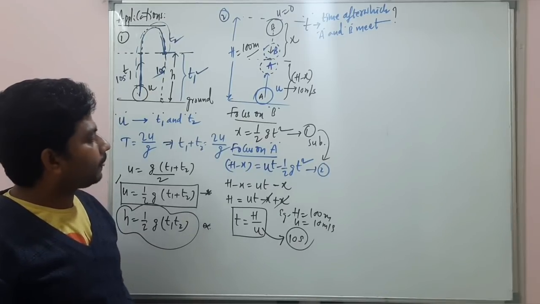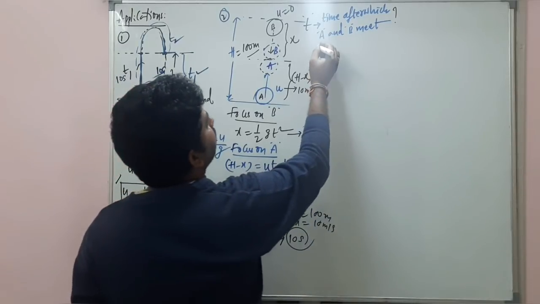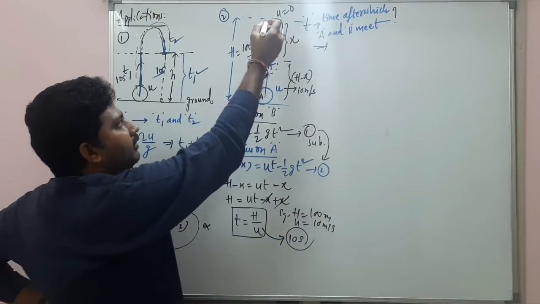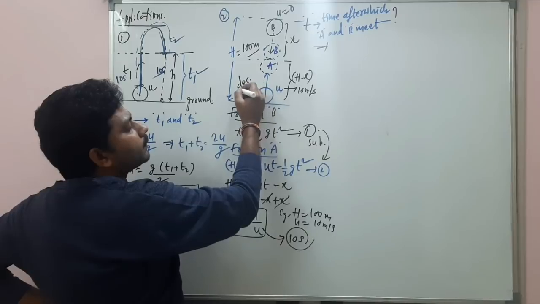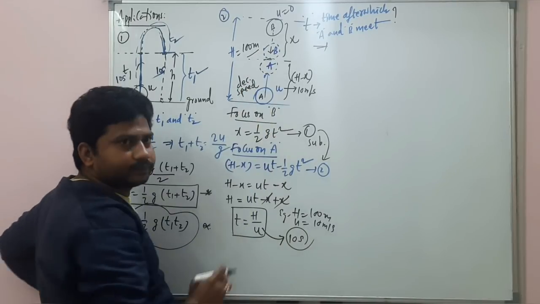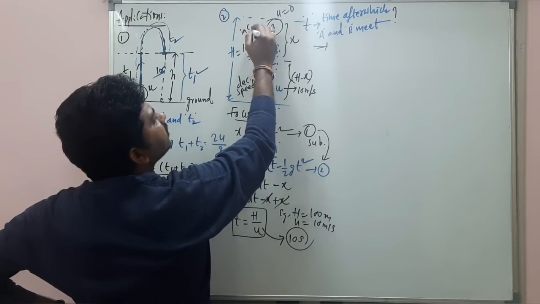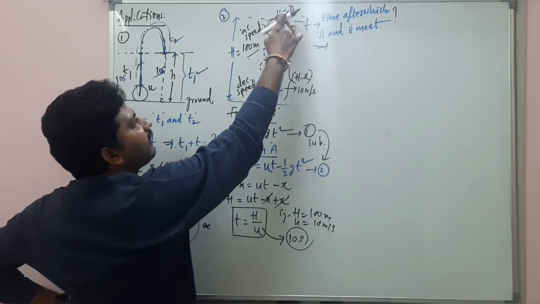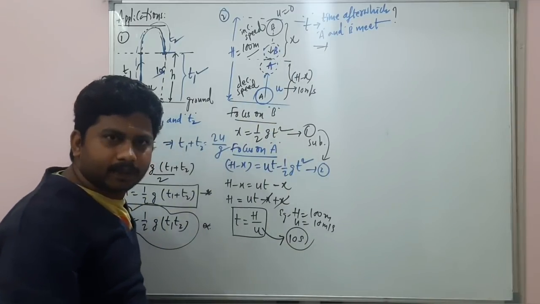Now, one more I just wanted to explain for you. What I wanted to tell you is, body A will decrease its speed, yes or no? Body A will decrease its speed because it is moving up. Body B will increase its speed because it is coming down. Its speed is increasing, its speed is decreasing.